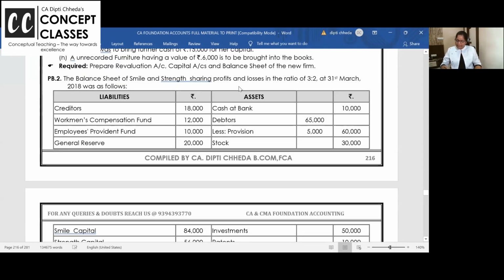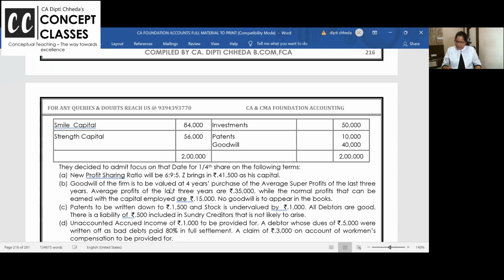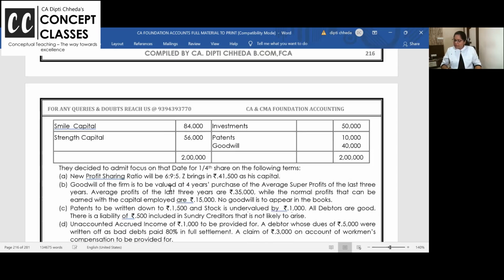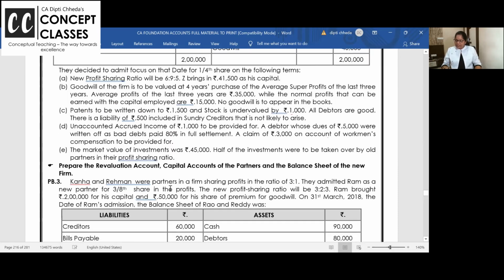So in the smile and strength problem, new profit sharing ratio is given. Goodwill is valued at 4 years purchase of super profit of the last 3 years. Okay. And third onwards, patent and all, this is like revaluation account. Some unaccounted data you have received. Bring investment to market value. So see whether there is investment fluctuation reserve, then adjust in that.